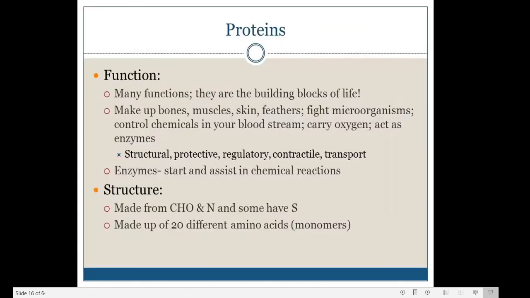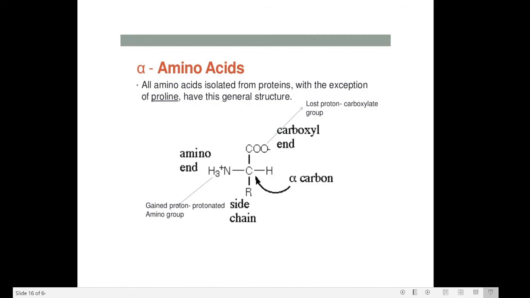Then amino acids. This amino acid is another backbone, a very important term. Why am I mentioning amino acid structure before protein? Proteins are made up of amino acids. These amino acids are the primary molecules that form proteins.